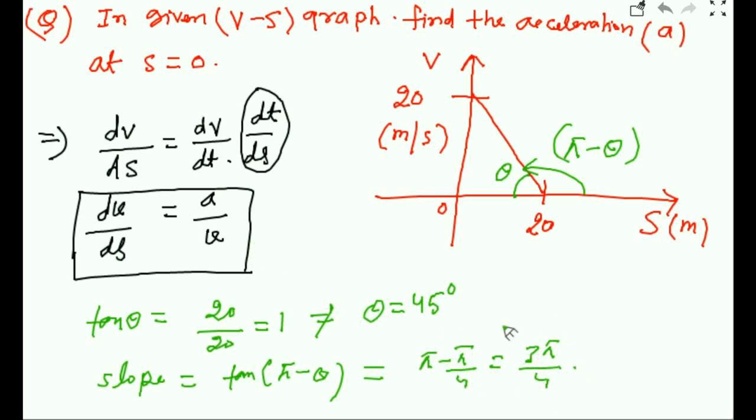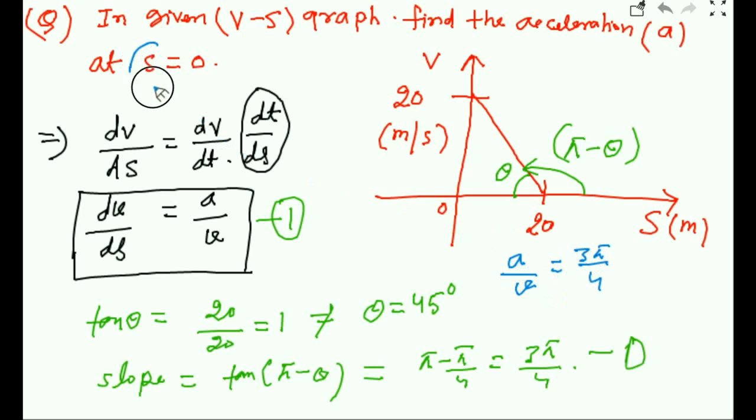Now we just equate the two, the first equation and the second, because this is the slope here, dv by ds. So you can write a by v equal to 3 pi by 4, and you have to find a, and v is given, because at s equal to 0, v is 20.